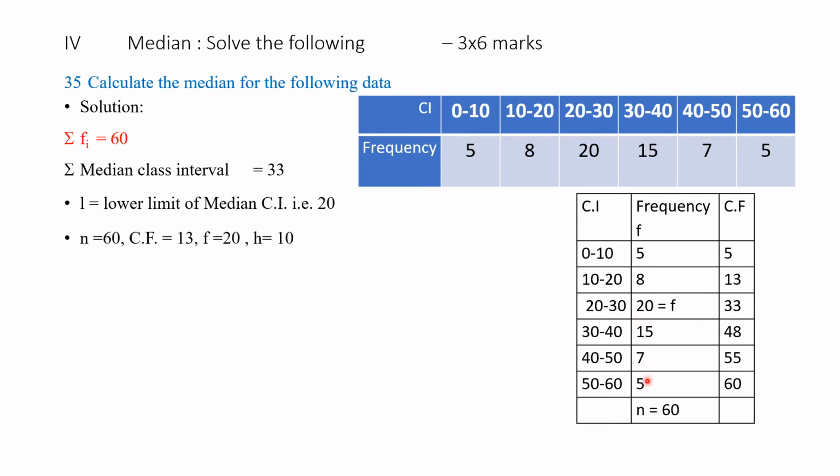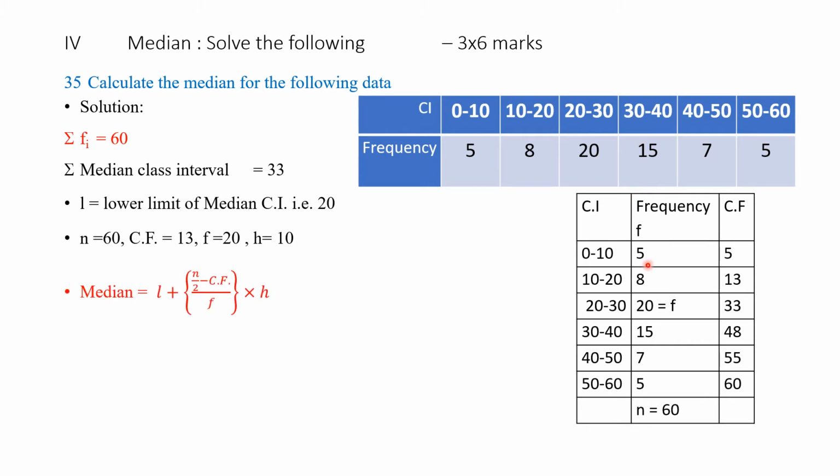Therefore, n is equal to 60 and the cumulative frequency is 13. CF is 13 here, f is equal to 20 and h, the difference of each class, is 10.